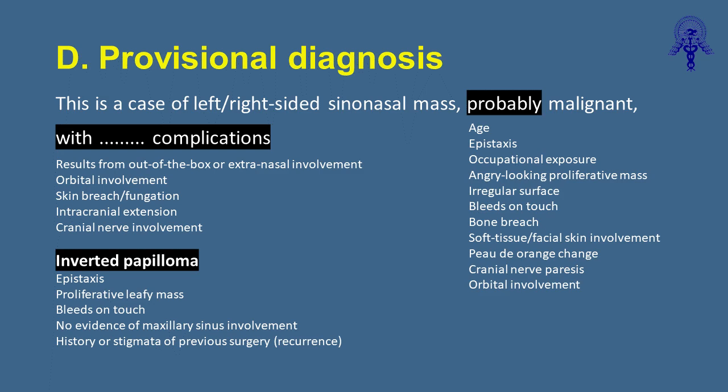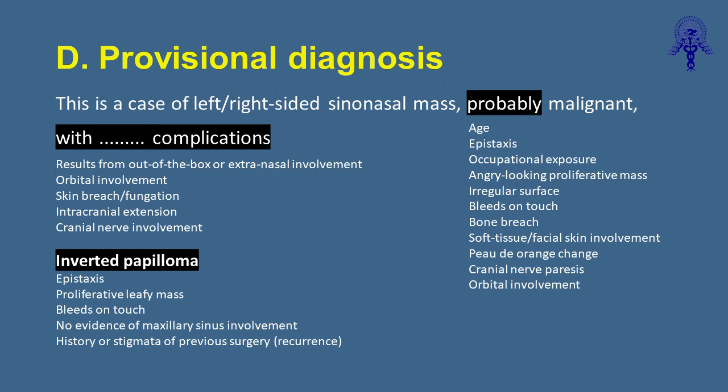এবারে probably malignant we generally tend to add because there is a premonition that for all practical purpose we will be given a squamous cell carcinoma of maxillary sinus or ethmoid sinus, so be noted as probably malignant or an inverted papilloma. যাই হোক, what are the features in favor of probably malignant? Probably age, epistaxis, occupational exposure, angry looking proliferative mass, all from clinical examination and history.